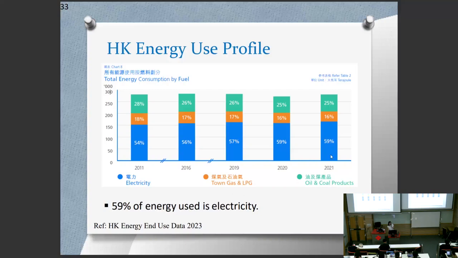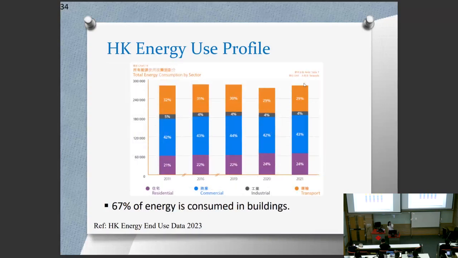In 2021, 59% of the energy use was electricity. Others were town gas, LPG, and oil and coal products. 43% of the energy is consumed in commercial buildings, and 24% of the energy consumption is in residential buildings. If we add up these two percentages, it will be 67%. So 67% of the energy is consumed in buildings.